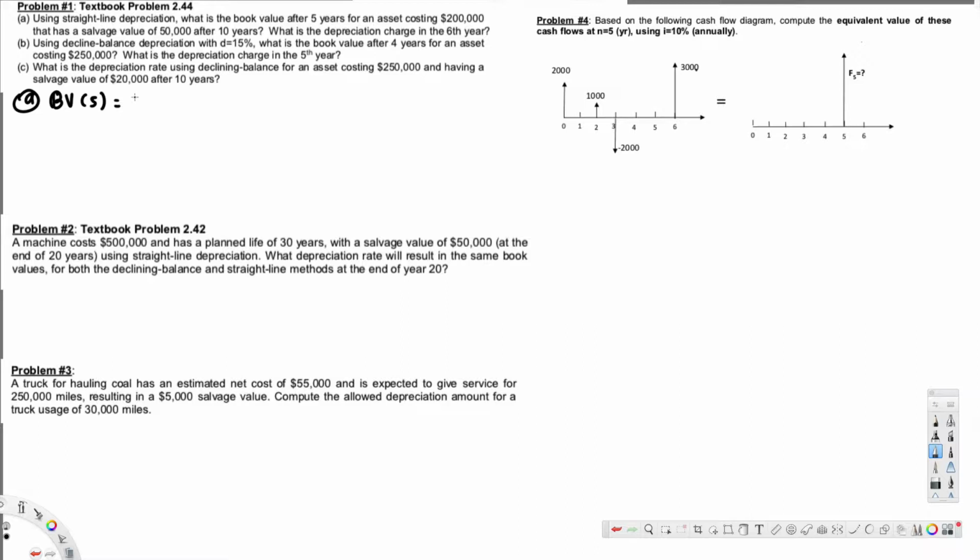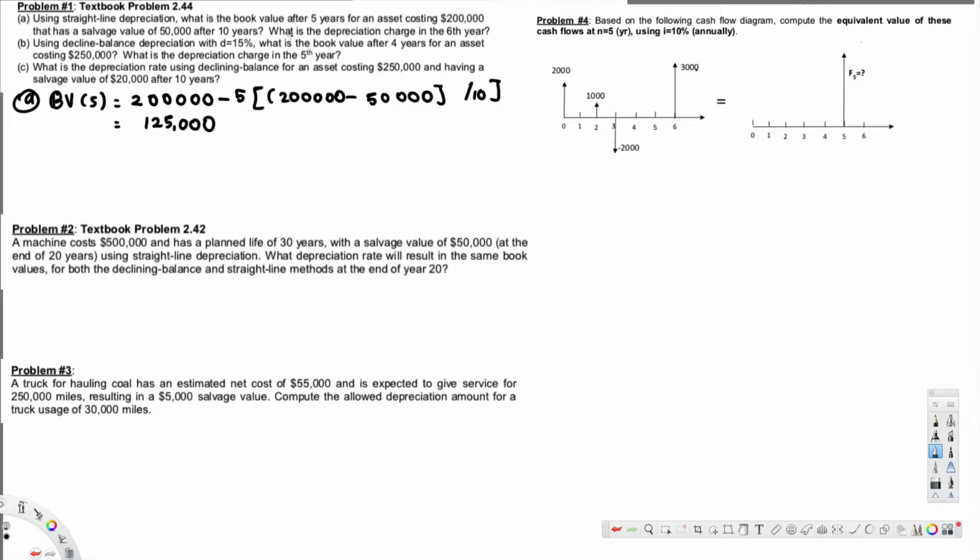That means we put 200,000 right here minus, 200,000 minus 50,000, divided by after 10 years. So we divide by 10 and find the value. And if you calculate this one, you're going to get 125,000. And that's the answer for the first one.